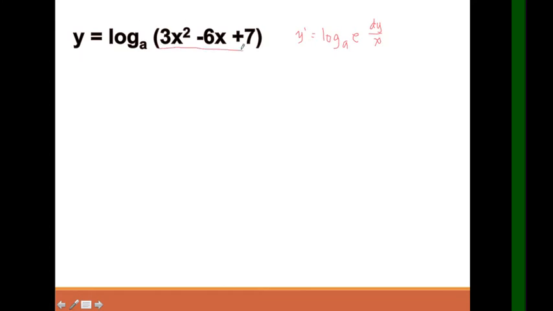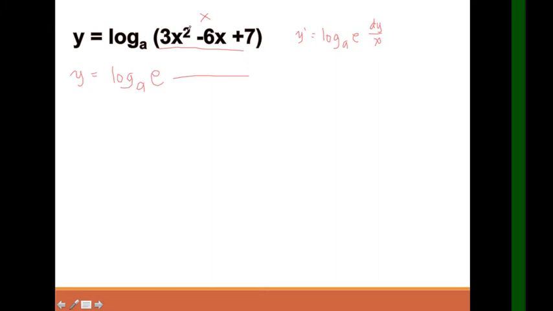So this is our x. Then we put e, and then we put a vinculum, or the division sign. So we need to get the derivative of this x.